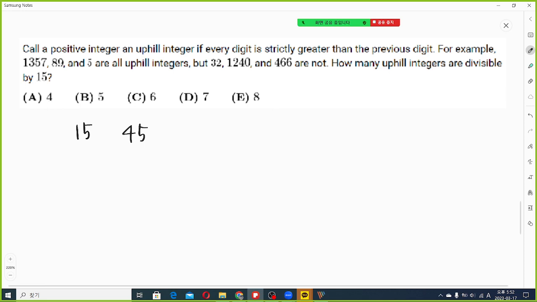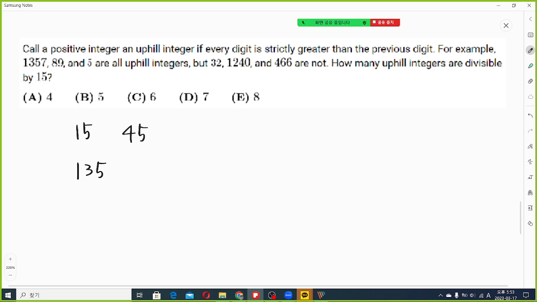So for example, this is a kind of upper integer because it increases from 135, right? And it's divided by 15. So that's one.